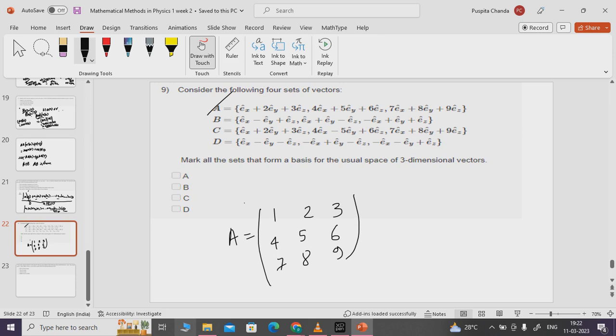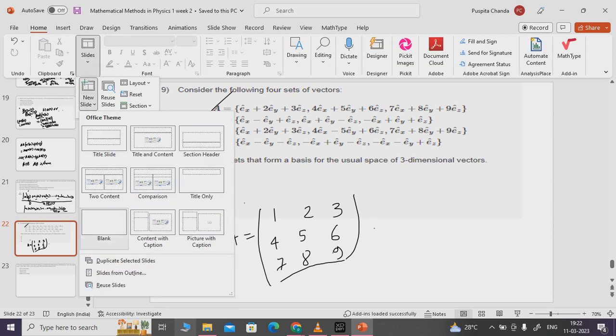The foremost technique is to see if the determinant is 0 or not. We also know that if one row becomes 0 for this matrix, the determinant becomes 0. If the determinant is 0, then they are not independent vectors, they are dependent vectors, and dependent vectors do not form a basis.